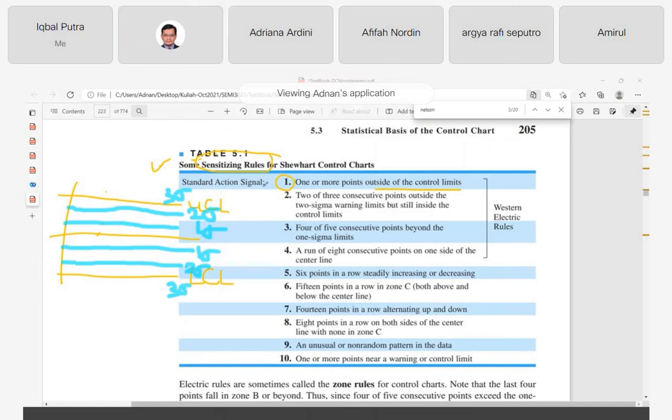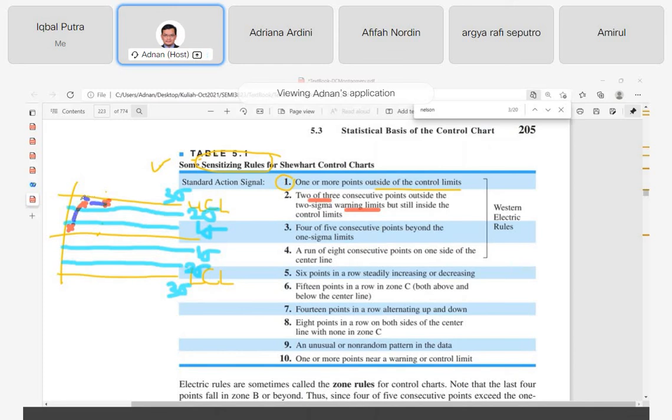Rule number 1 is clear. Rule number 2 says 2 of 3 consecutive points outside the 2 sigma warning limit, but still within the control limit. So you have 2 points like this, maybe the earlier point is here. When you connect, you have this line and this line.